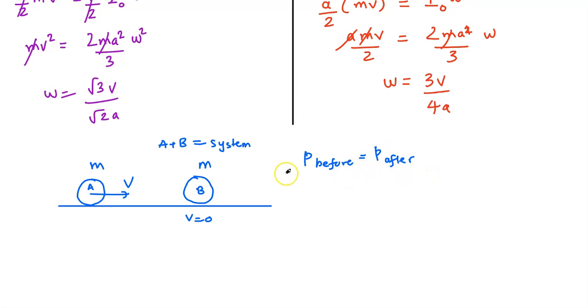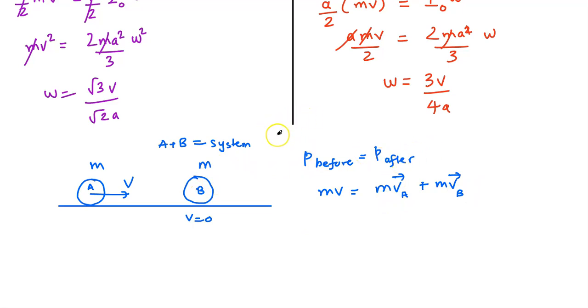So P before should be equal to P after, and P before is nothing but mv. P after is m v_A plus m v_B. Now, is this enough? We have two unknowns, v_A and v_B, and just one equation, right? So this is not enough to solve the problem.